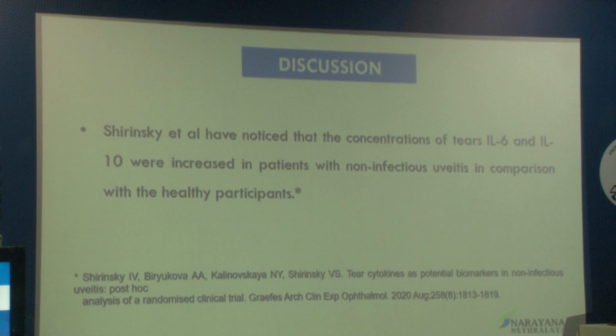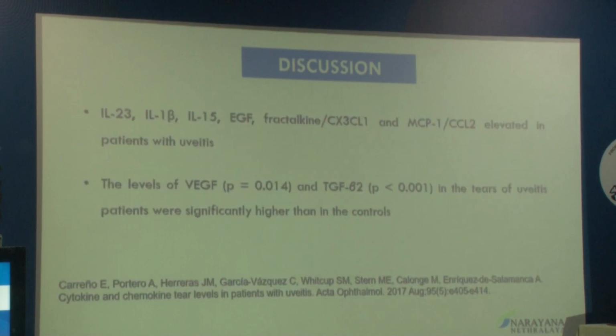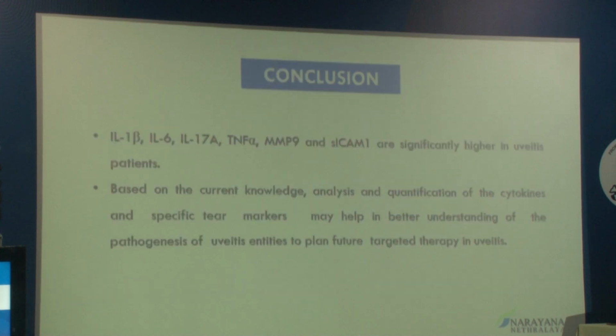One study noticed that the concentrations of IL-6 and IL-10 were significantly high in non-infectious uveitic patients compared to normal healthy patients. IL-23, IL-1 beta, IL-15, EGF, fractalkine, MCP and CCL2 were elevated in patients with uveitis, and VEGF and TGF beta 2 were high compared to normal controls.